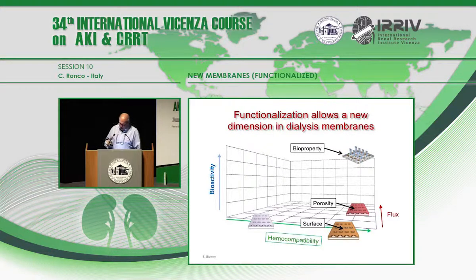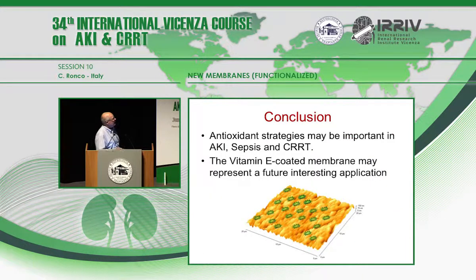So the development of high and low flux membranes with high biocompatibility allowed us to understand the importance of porosity and flux. And this added a new dimension to the capacity of the membrane. And today, bioproperty may actually represent a fourth dimension. Practically, in this axis, we may represent the biological capability of a membrane to interact with blood and with the patient.